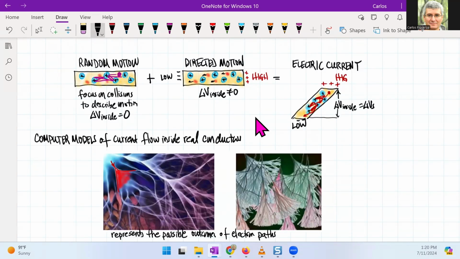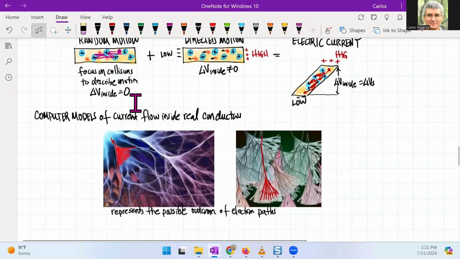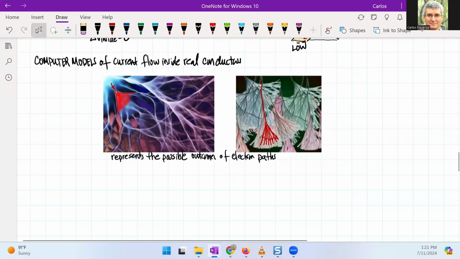What about this guy? If I follow this one over here, you could see that I follow it here, and then I come to about, it looks like it gets to about right here, and then all of a sudden it looks like it's spreading right in here. So I'm seeing here numerous possible paths. Beautiful images of current.